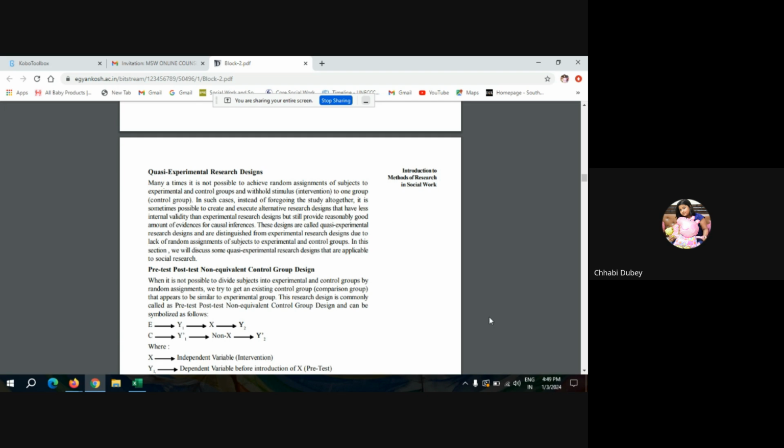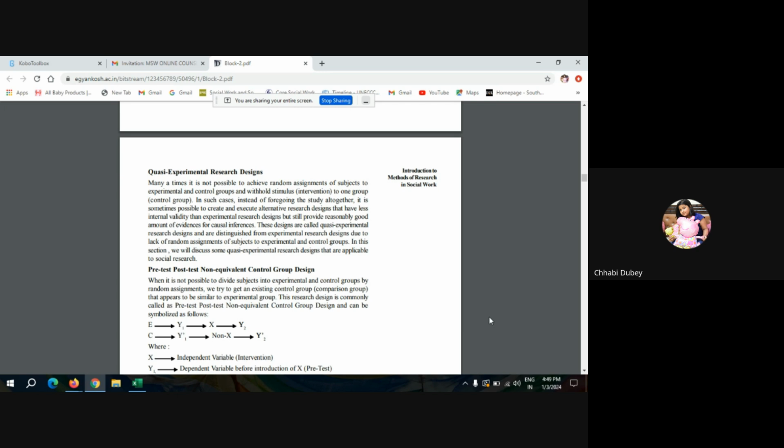In such cases, instead of forgoing the study altogether, it is sometimes possible to create and execute alternative research designs that have less internal validity than experimental research designs, but still provide a reasonably good amount of evidence for causal inferences. Ideally we know that experimental research designs are considered very accurate and very effective.